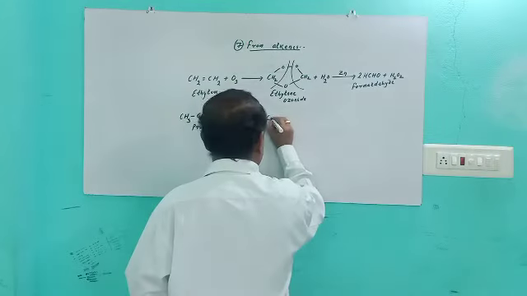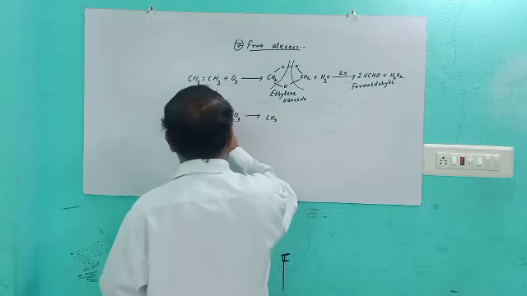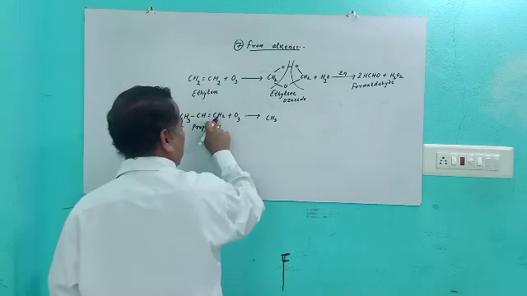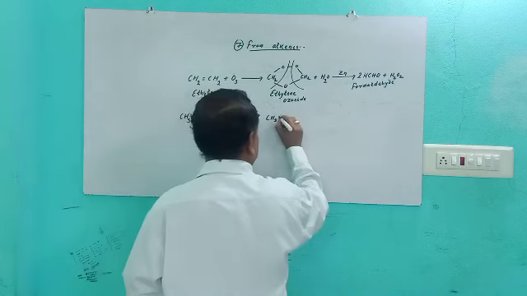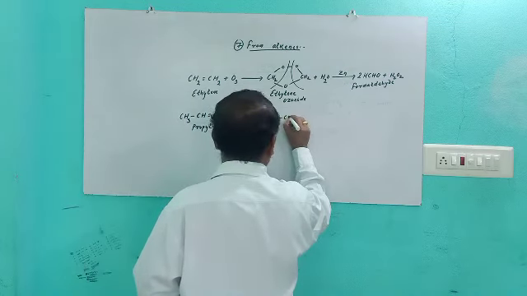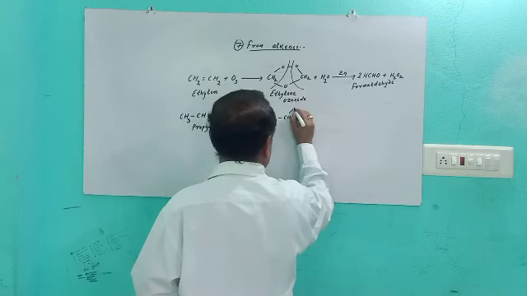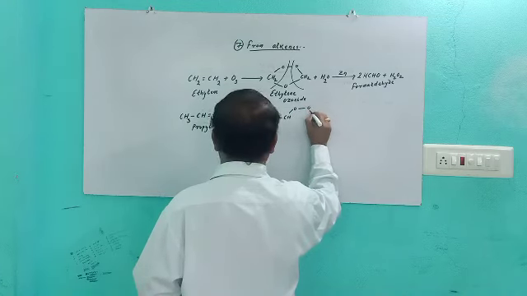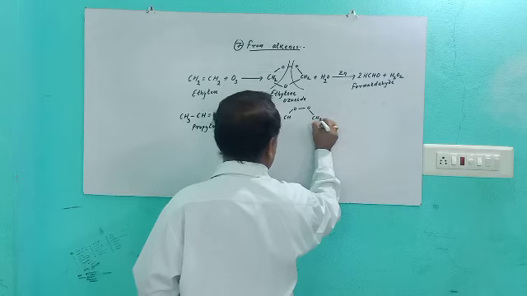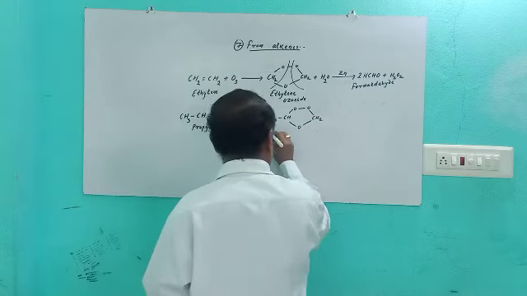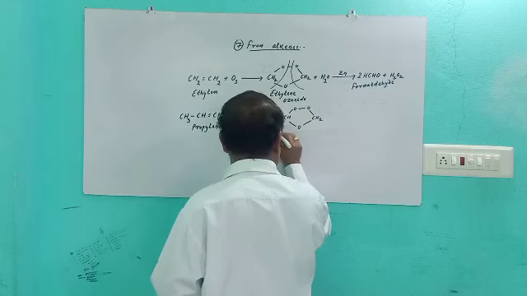The double bond breaks and ozone links with these two carbon atoms: CH3-CH-O-O-CH2-O. It is propylene ozonide, also an unstable compound.